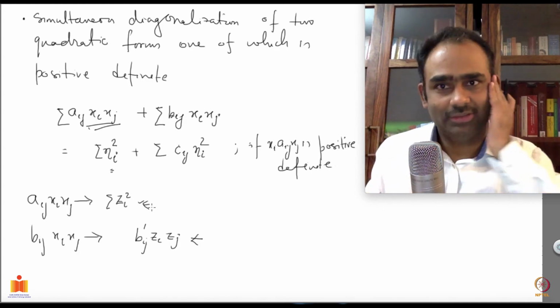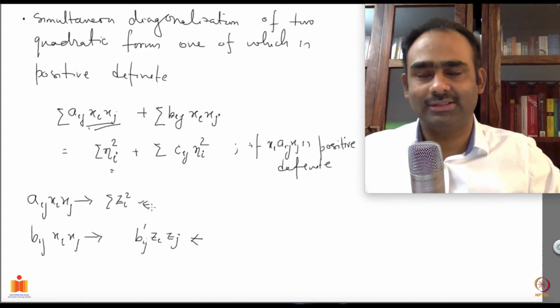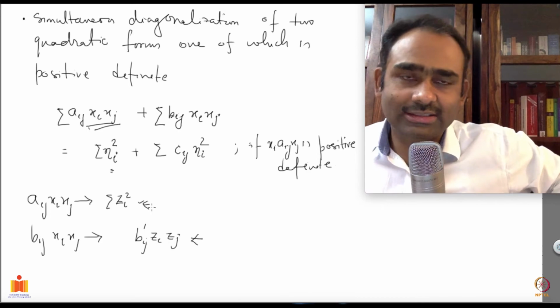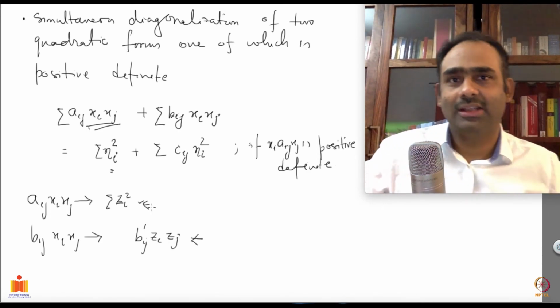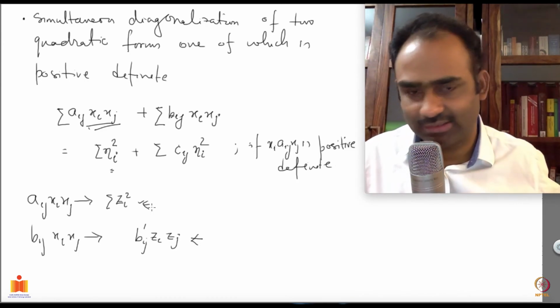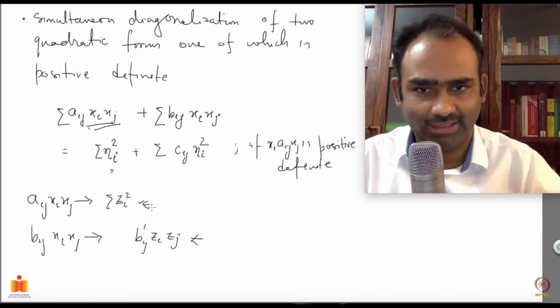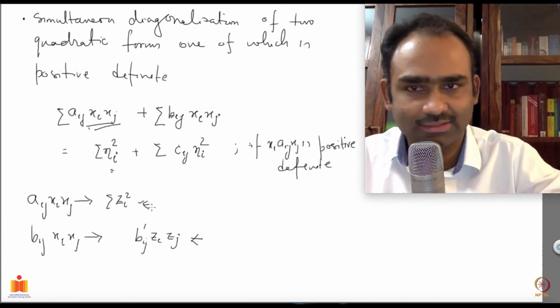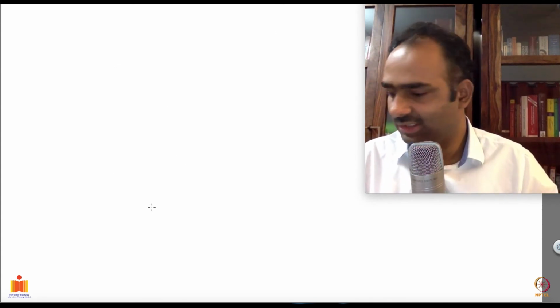Okay, so that will prove my assertion that we can simultaneously diagonalize two quadratic forms if one of them is positive definite. Let me write some steps so that it is more apparent, but I think I have already explained this. Nevertheless, let me write.